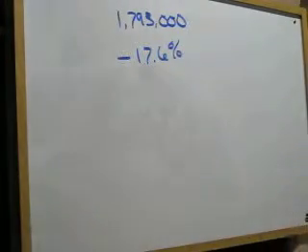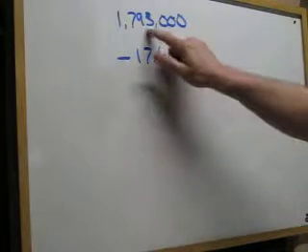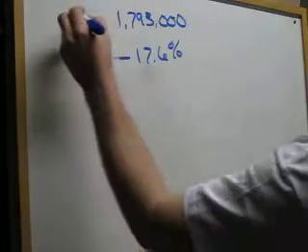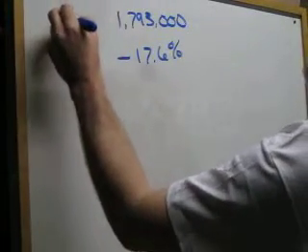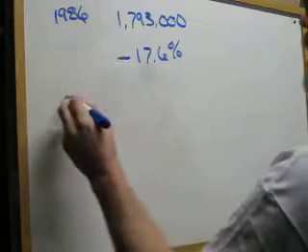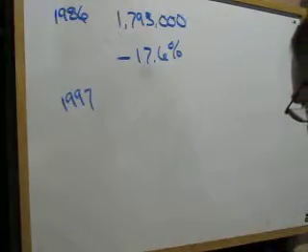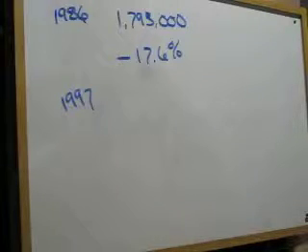So I put a decrease there because I know my answer is going to be less than that. How many people were arrested then in 97? So this is 1986. I want to find out how many were arrested in 1997 with the number of arrests decreasing by 17.6.